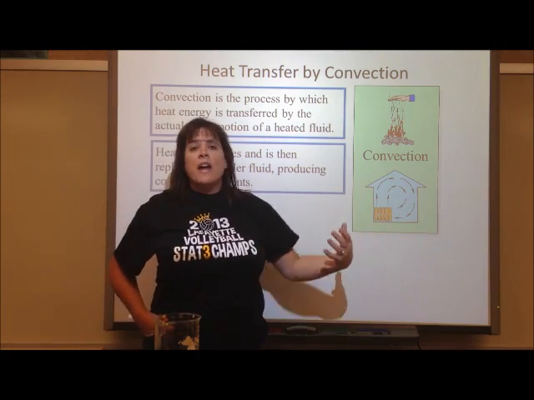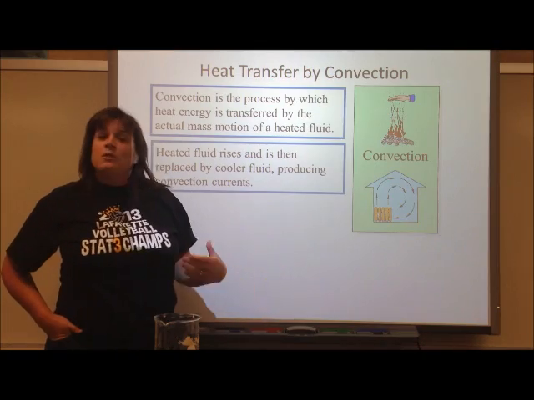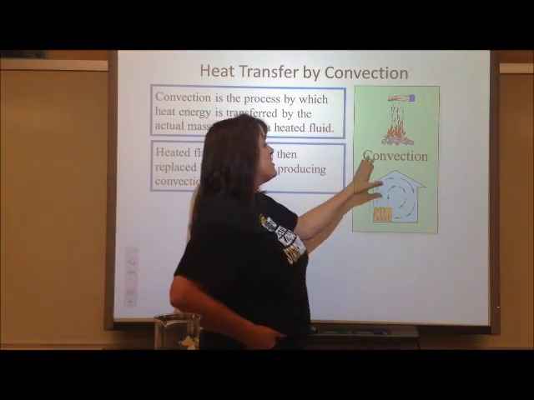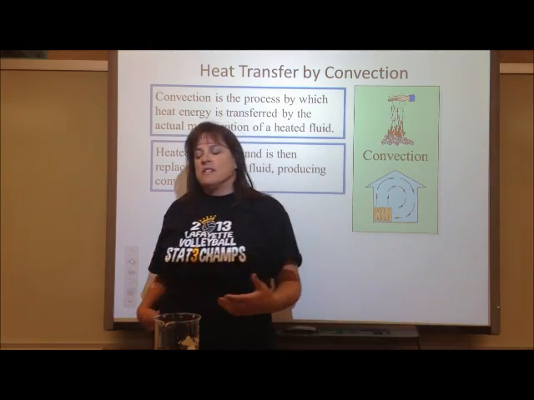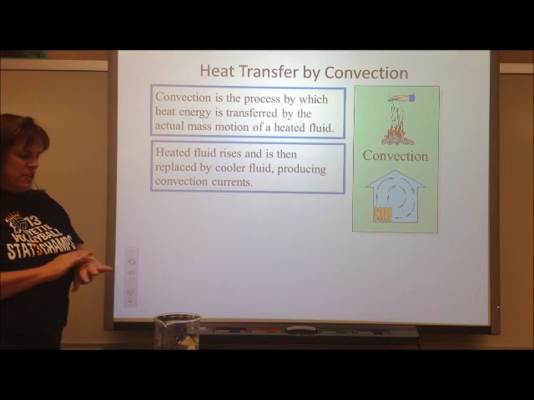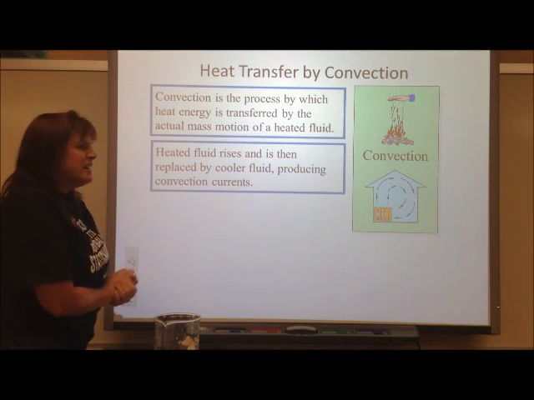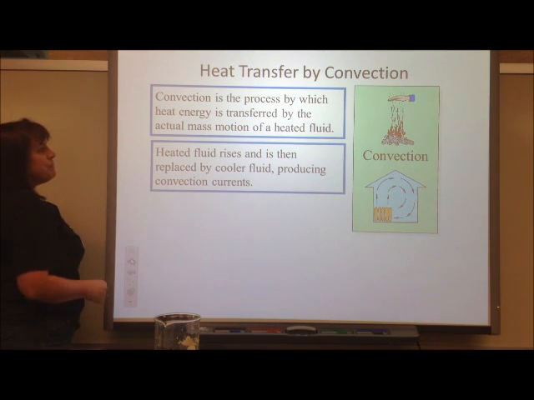A radiator was great because it produced a heated fluid, air, and it was moist air, and so that produced these nice convection currents in the house that were moist instead of the forced air that we have here in the Midwest, which produces very dry air, and you have to use a lot of lotion to stay moisturized.